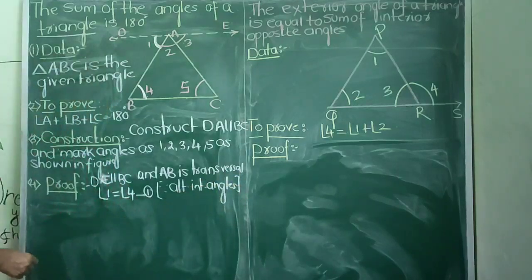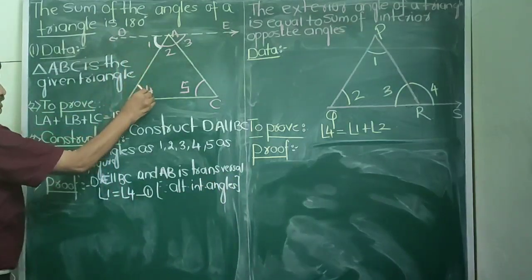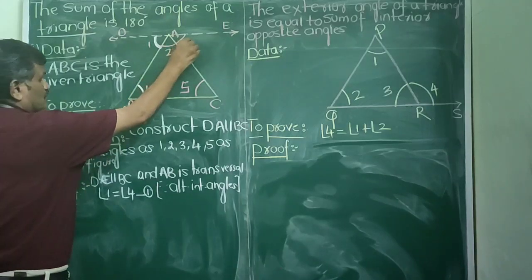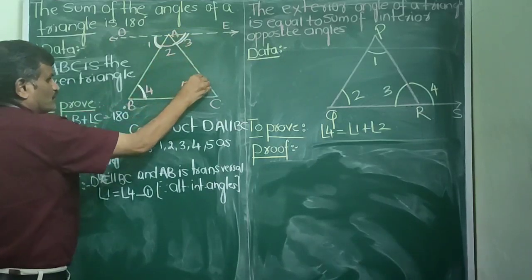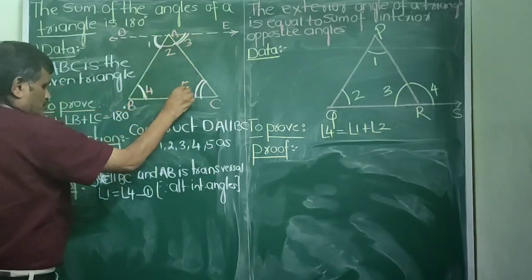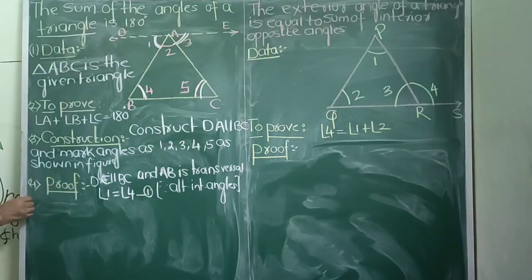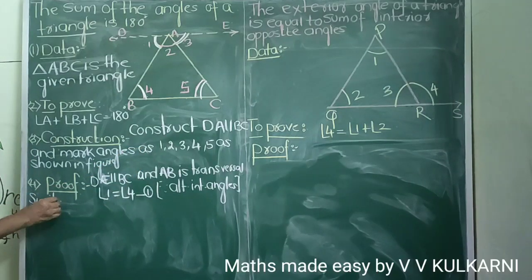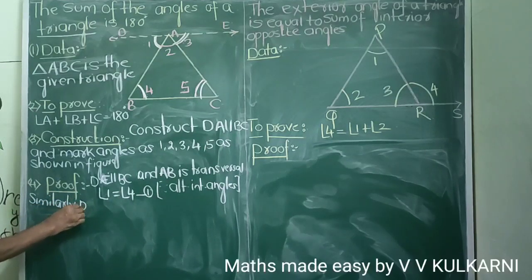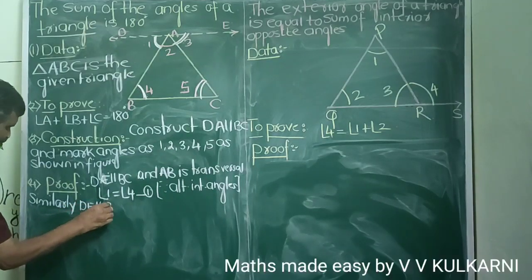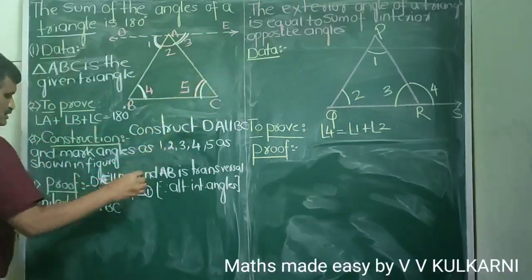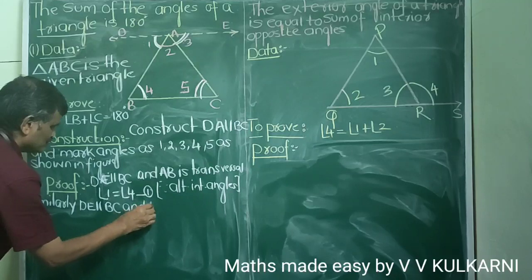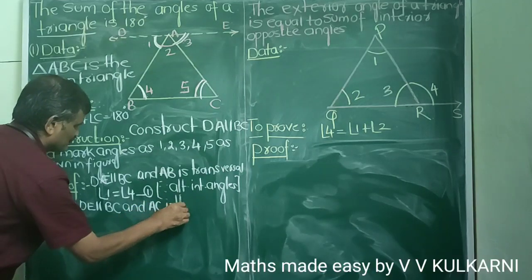So what I have done is 1 is equal to 4. Similarly, children, 3 will be equal to 5, because once again you will get a set of alternate angles here. Similarly, DE is parallel to BC and AC is the transversal.